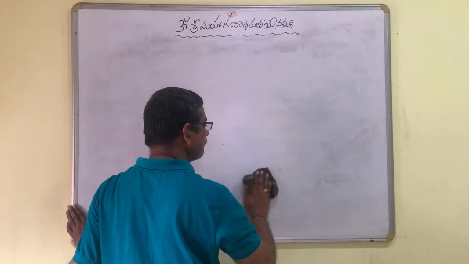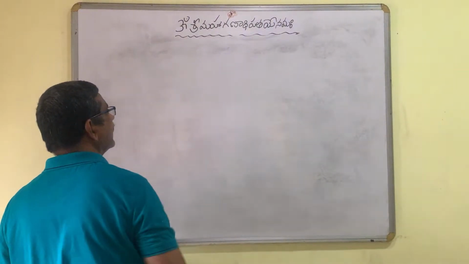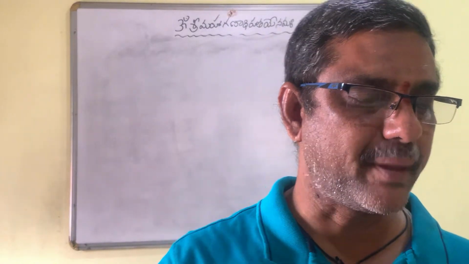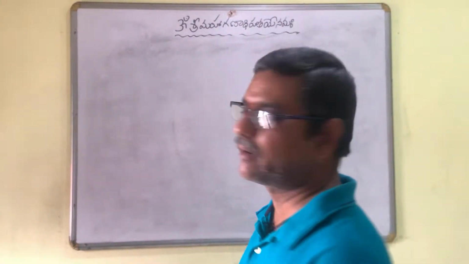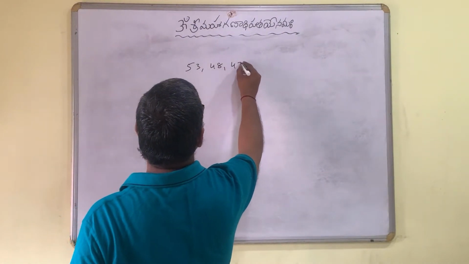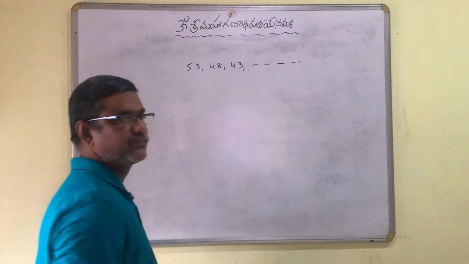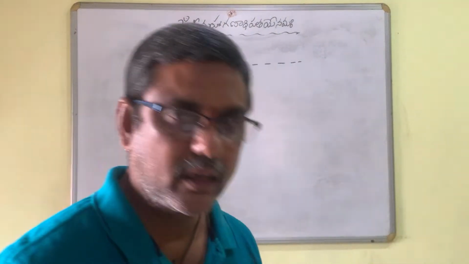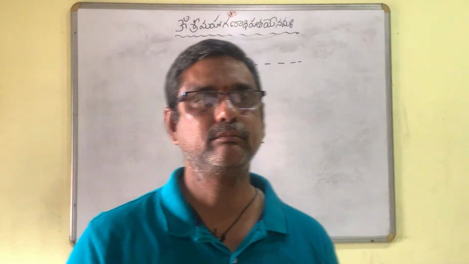Right. Next question. Which term of the AP 53, 48, 43 is the first negative term?